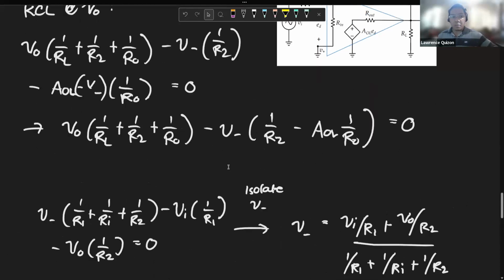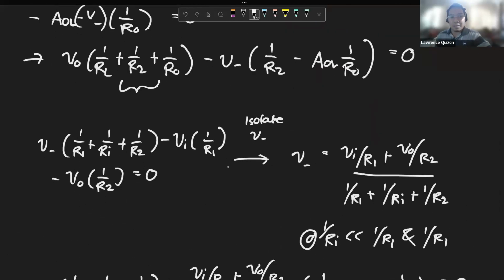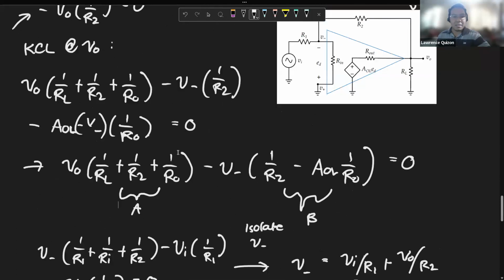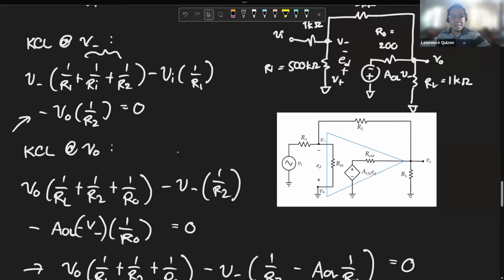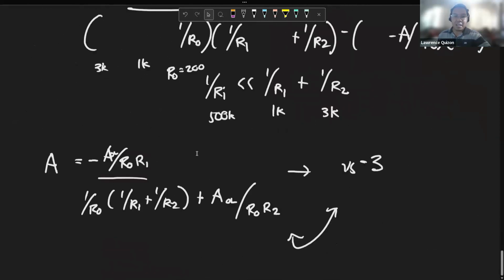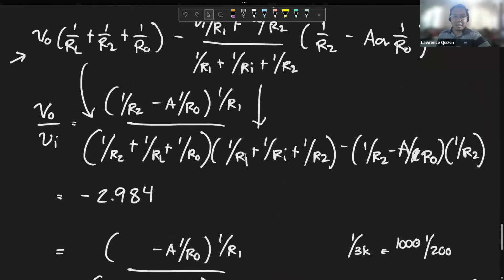Though what you can do is substitute terms. So let this be A, let this be B, let this be C. And let's see, ano yung itsura nung final answer natin written in that?